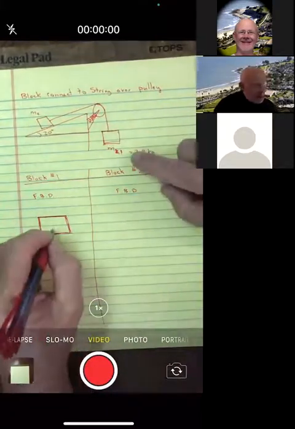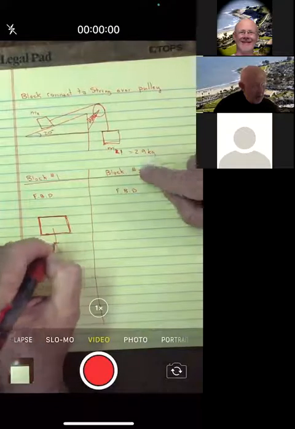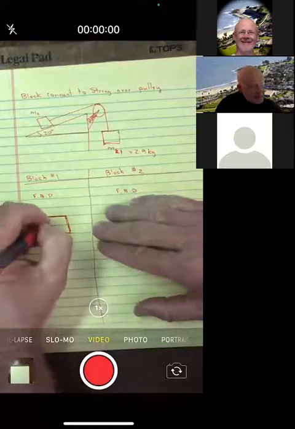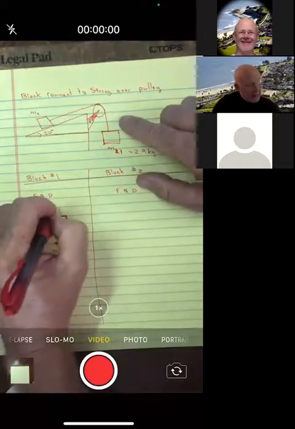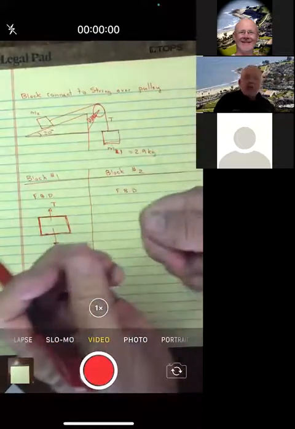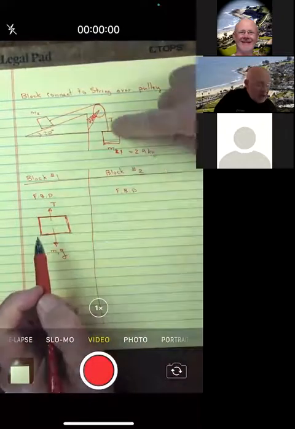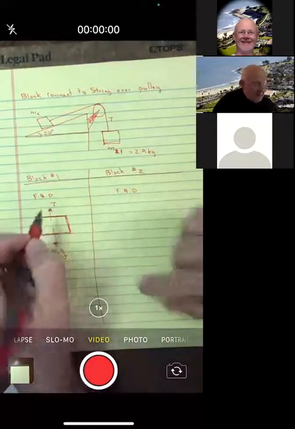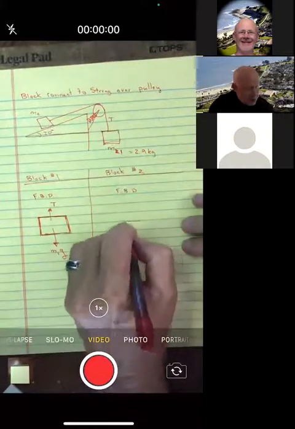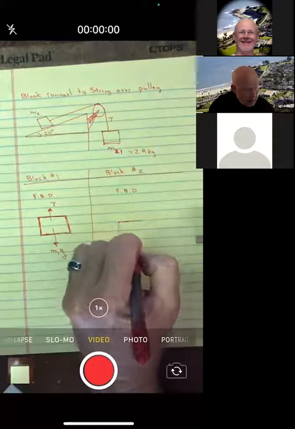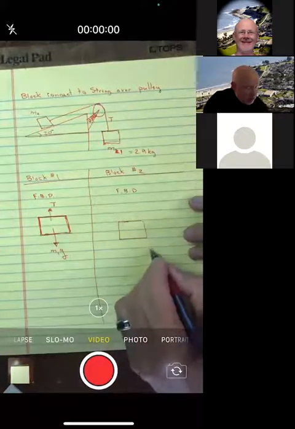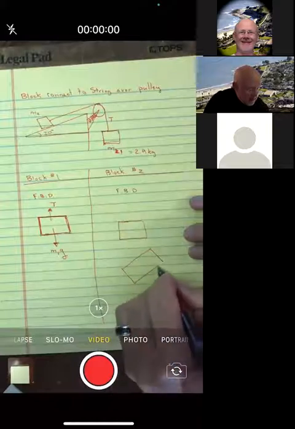So in this case, block number 1 is being pulled down by M1G and being lifted up by a tension T. And so there's some kind of stress, some kind of tension in this cord here. Now, block number 2 is a little more complicated free body diagram. In fact, maybe I should actually draw it tilted.